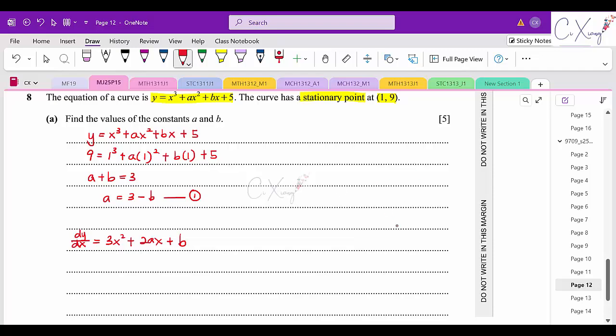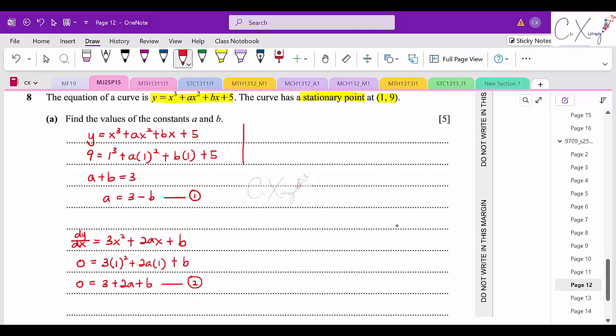Okay? And then when dy/dx is equal to 0, the x coordinate that we get is actually 1. So you substitute 1 into x. From here, I believe that you will be able to get the second equation. So your second equation will be 0 equals 3 plus 2a plus b. And I will put this as the second equation.